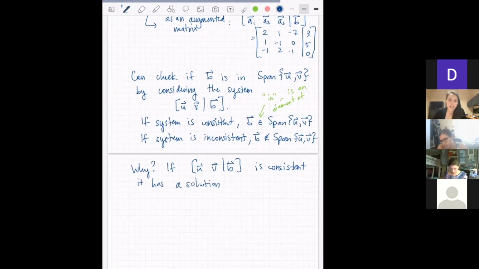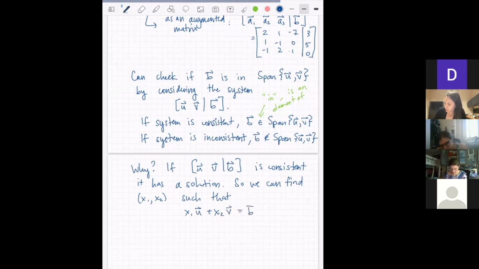meaning that we can find x1 and x2 such that x1 times u plus x2 times v is equal to b. That's what it means for that to be a solution, right?